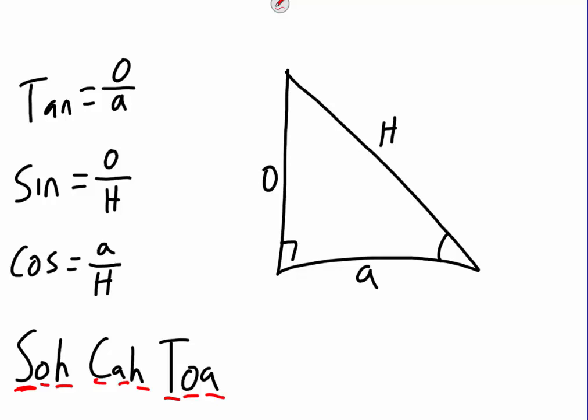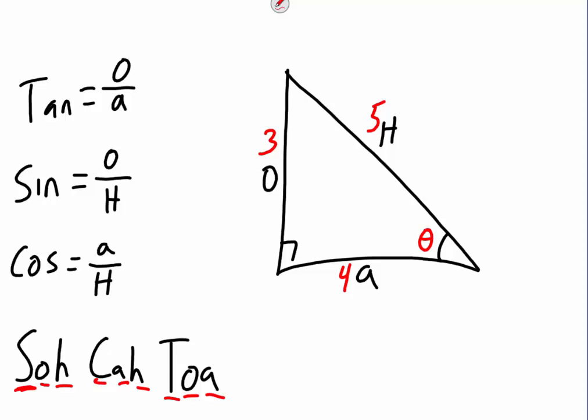So, if I was to put some numbers in here, let's put the numbers 3, 4, and 5. And we'll make sure we call that theta, just a Greek letter.